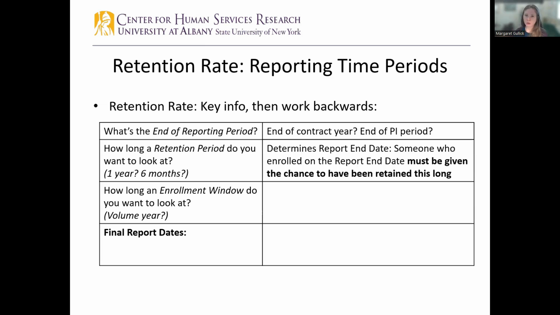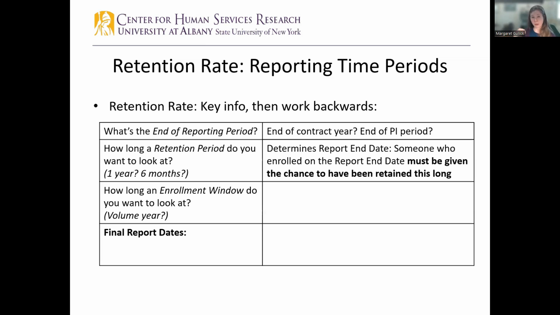So the end of the reporting period, again, maybe it's the end of a contract year, maybe it's the end of a PI period. The retention period is going to determine the report end date. So someone who enrolled on the last day of the report, on the report end date, has to have been given a chance to have been retained for whatever retention period you pick.